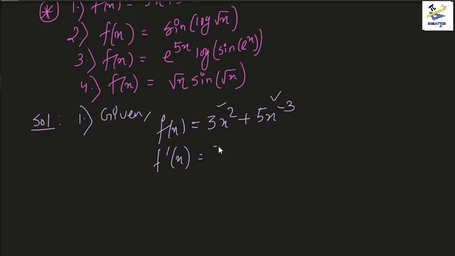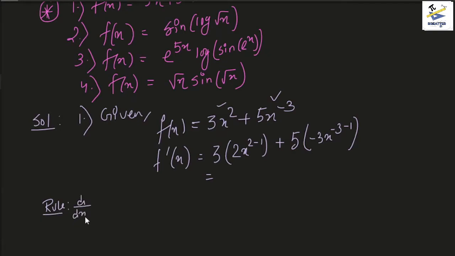So this would give us 3, which is a constant and remains as it is, and for x squared we should have 2 times x to the power 2 minus 1. Similarly for the other one, we have 5 as it is, and then minus 3 times x to the power minus 3 minus 1, according to the rule, and I'll just write the rule here: d/dx of x to the power n is n times x to the power n minus 1.